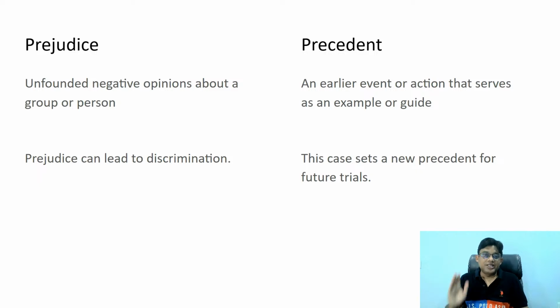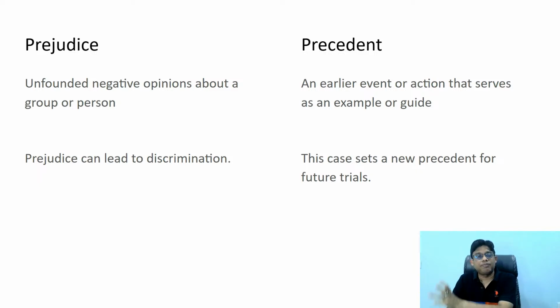What is precedent? Precedent is an earlier event or action that serves as an example or guide. An earlier event or action that serves as a template or an example or a guide. This case sets a new precedent for future trials. So, an earlier event that serves as an example or template for upcoming events.